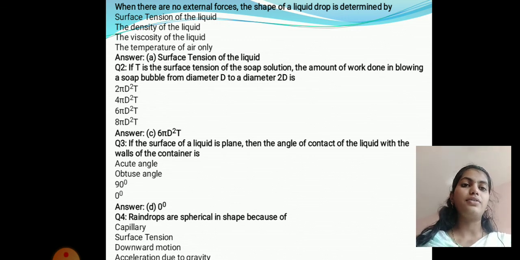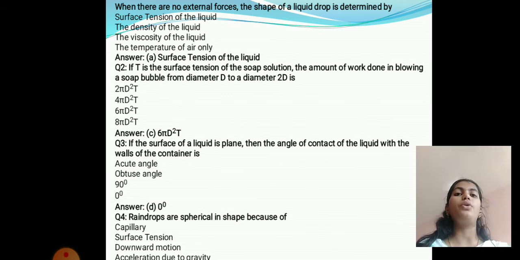The answer is the surface tension of the liquid, because surface tension is the force acting on the surface of drops. Then, if T is the surface tension of the soap solution, the amount of work done in blowing a soap bubble from diameter D to diameter 2D is.